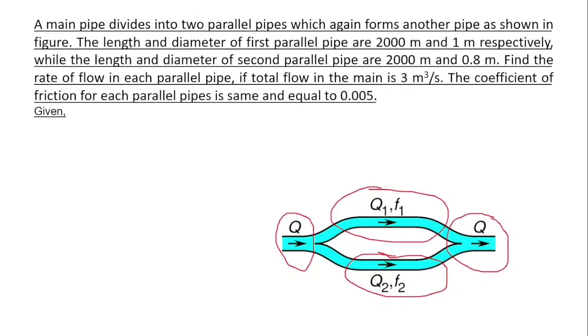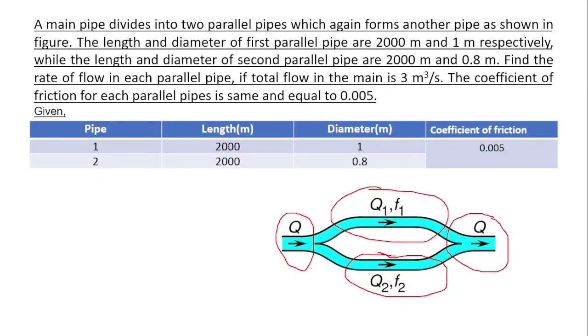As shown in the figure, the length and diameter of first pipe are 2000 meter and 1 meter. Length 2000 meter, diameter 1 meter. While the length and diameter of second parallel pipe are 2000 meter and 0.8 meter.